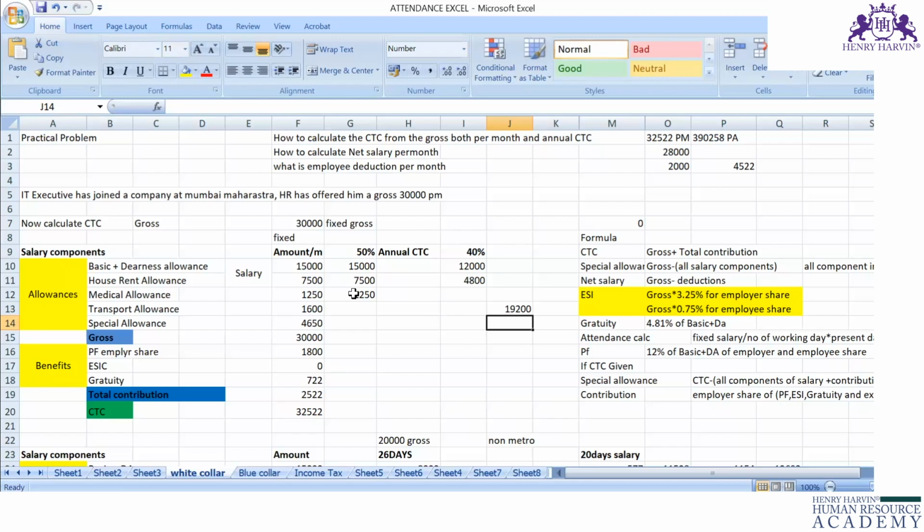So up to 19,200 per annum, the government has given tax exemption for transport allowances. So if the employer is giving transport allowances as a component in the employee salary, you can blindly put 1,600 per month, because up to 1,600 only the employee can enjoy tax exemption for transport allowances.